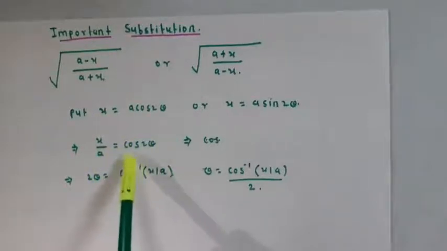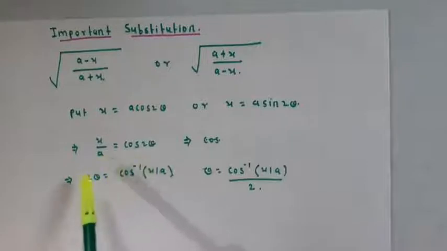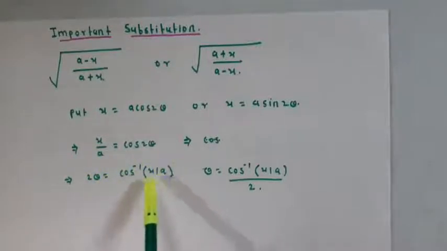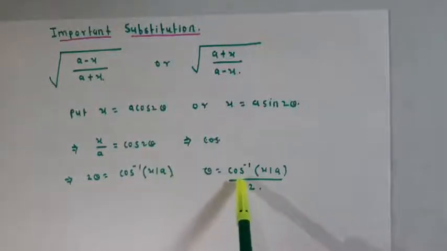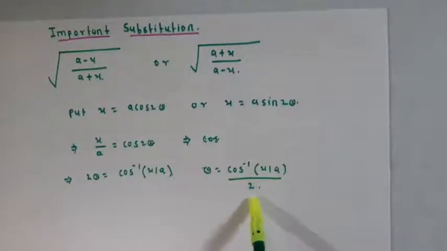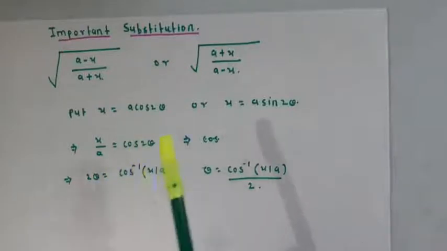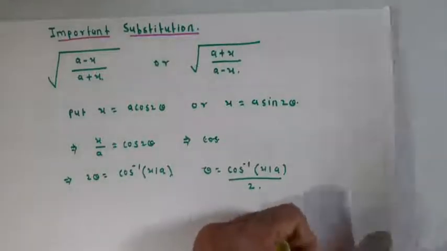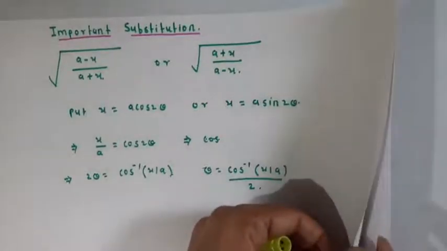Shifting the cos to the other side, we get 2 theta equal to cos inverse of x upon a, and shifting the 2, theta equals cos inverse of x upon a divided by 2. According to the substitution, we differentiate to get the value of dx, put it in the integral, and simplify so that it can be easily integrated.